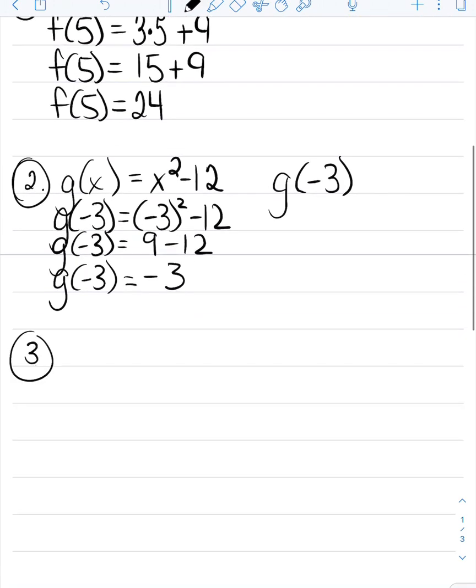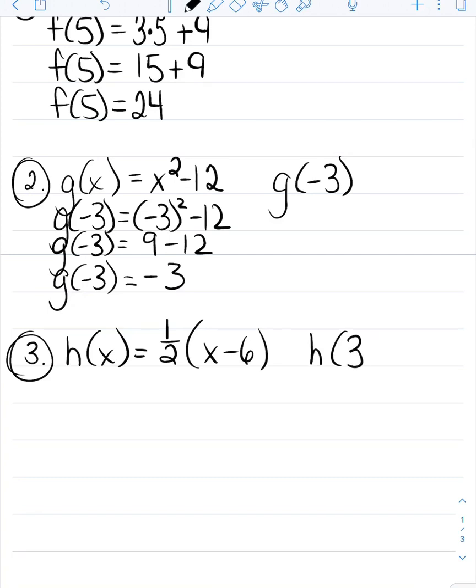Let's try one more when we're evaluating functions. So let's name this function h. h of x is 1/2 times x minus 6, and I want us to find h of 3. Our input is 3. So h of 3 equals 1/2 times, let's substitute in 3 in place of x.